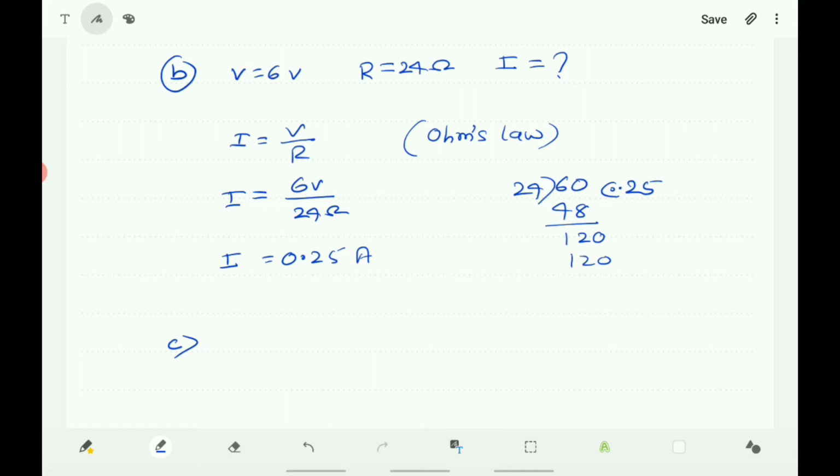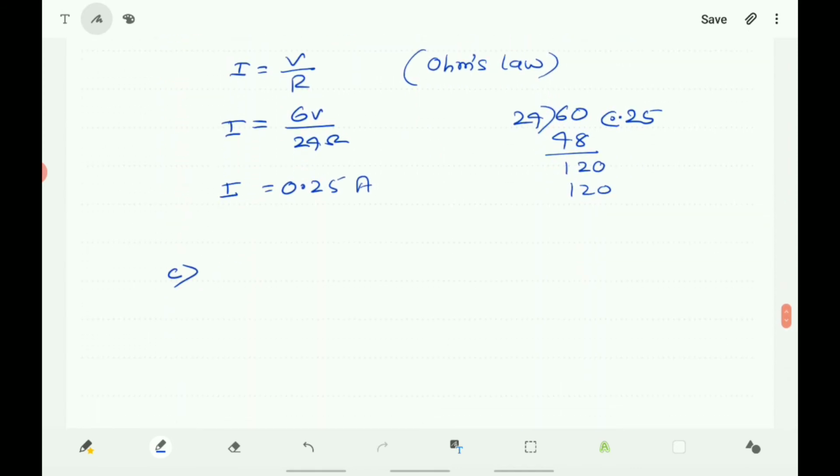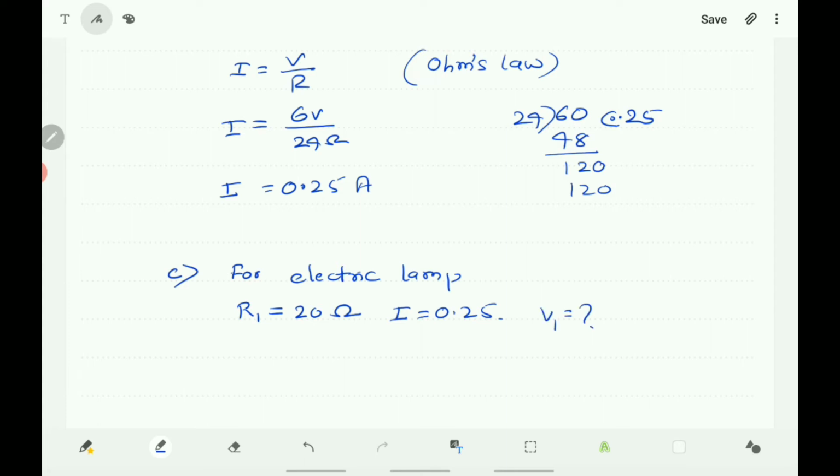Now for the electric lamp, let us consider R1. R1 is equal to 20 ohm and I you got, that is 0.25, and V1 you take. V1 is the potential difference across the lamp.